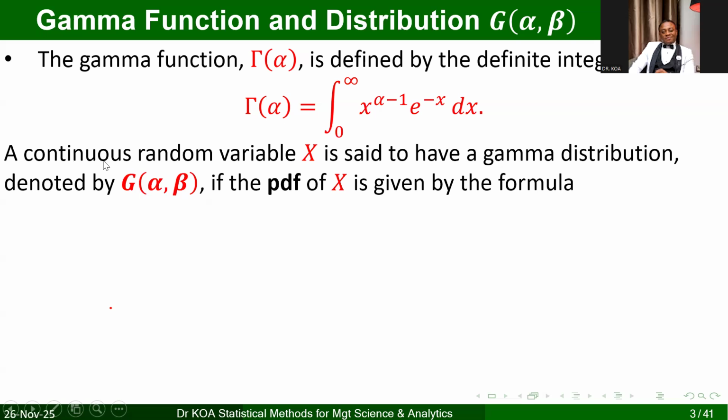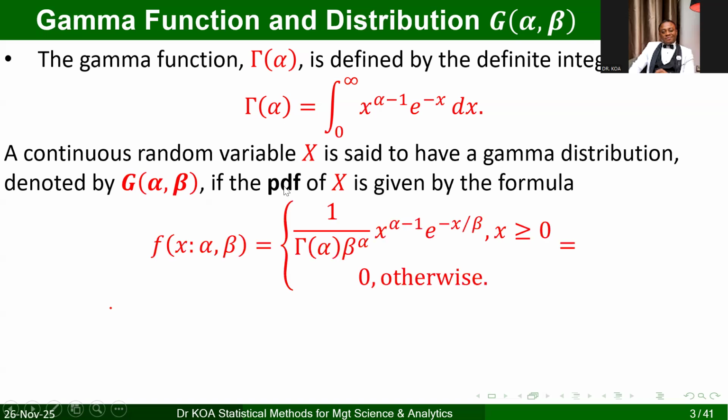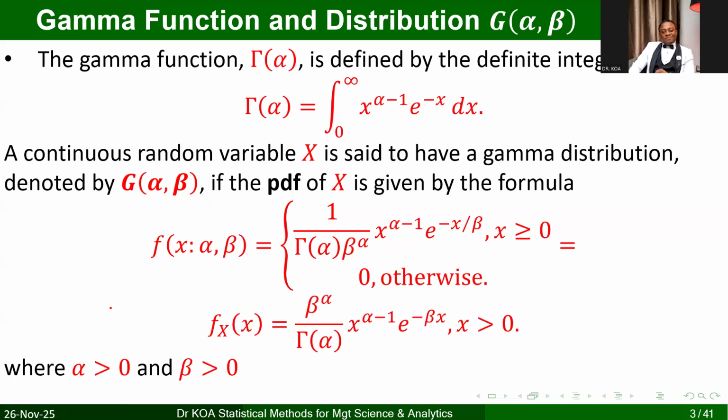Okay, so any continuous variable x is said to have gamma distribution, denoted as this, or denoted as the one that I showed you. And if that is the case, given this gamma function, then the probability density function of this random variable x is given by this formula. Now, there are two ways you can write this formula.